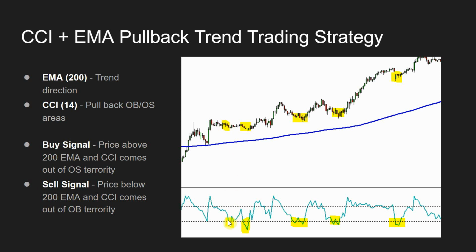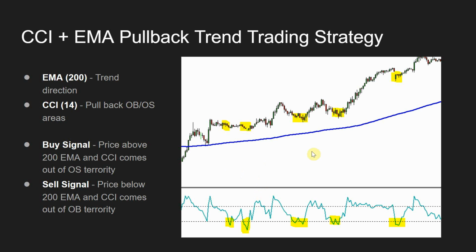And then, as you can see in these yellow examples here, every time price went out of oversold territory, it would have taken a buy signal at these areas. And then you can set your reward to risk parameters, which we'll go into in the next slide. And it's exactly the opposite for a sell trade.